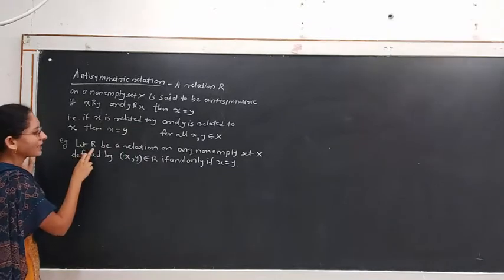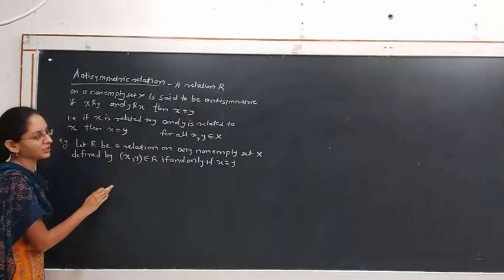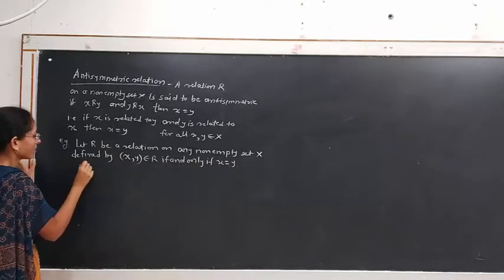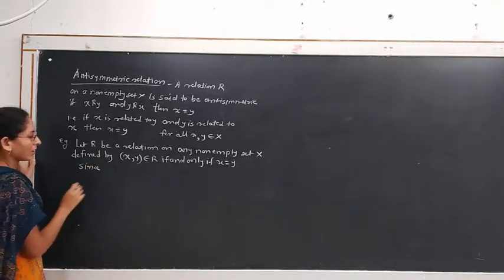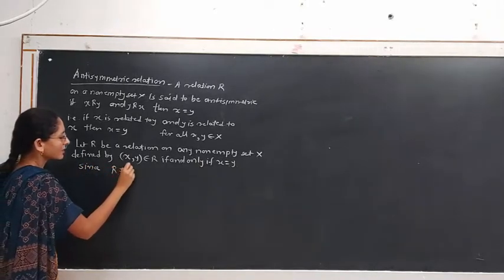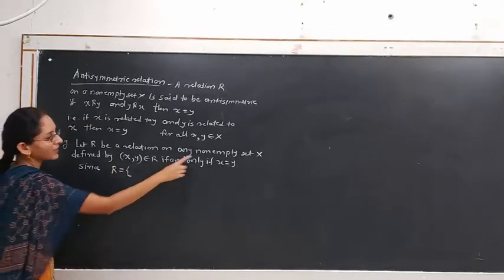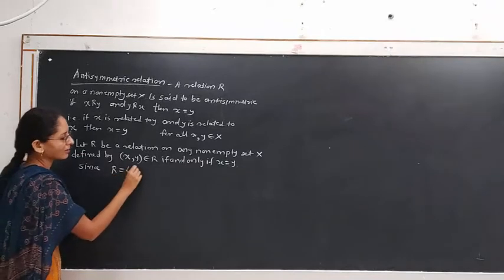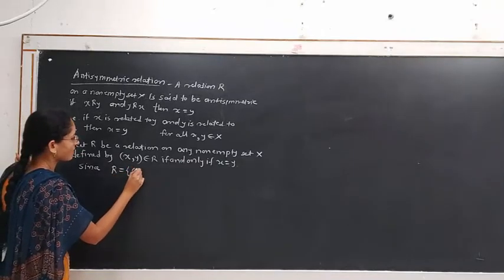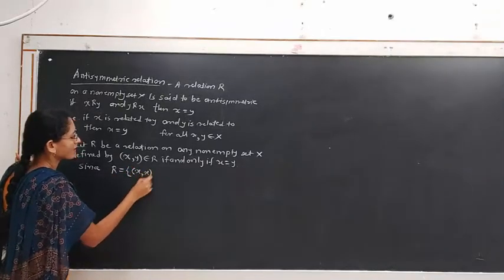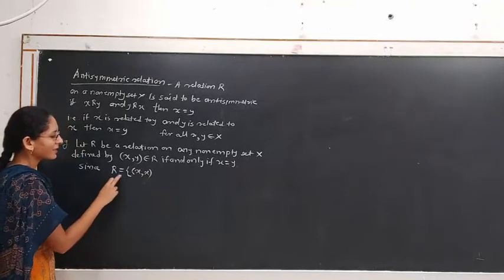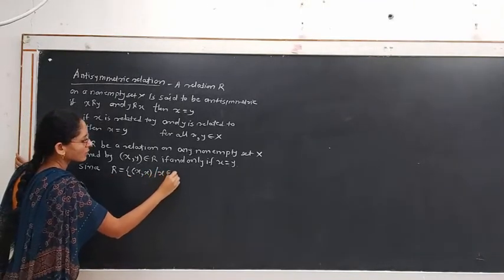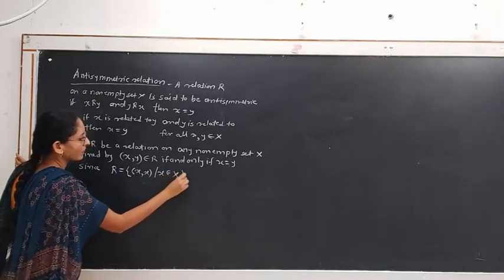Then R is an antisymmetric relation, because R contains the set of all ordered pairs of type (x, x), where x belongs to set X.